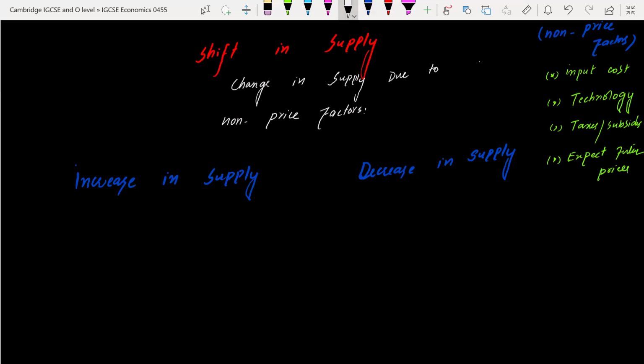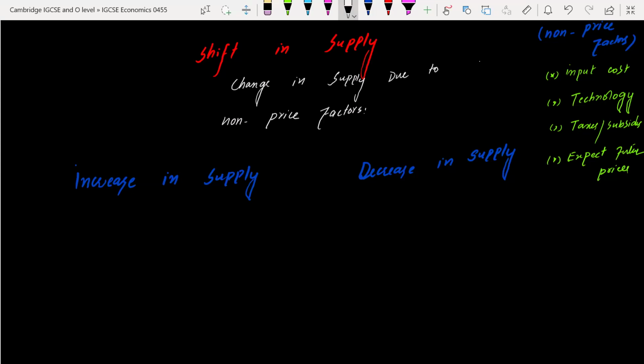So you have to write down the definition. As I have already explained, all these things come under the head of shift in supply. So under the head of shift in supply, we should explain increase in supply and decrease in supply, and it happens due to non-price factors. I mentioned all the non-price factors.